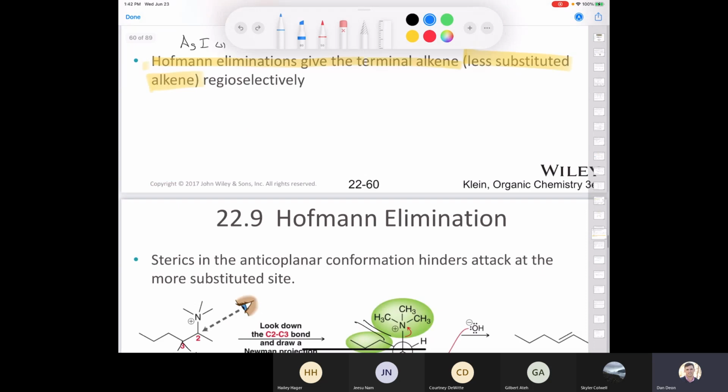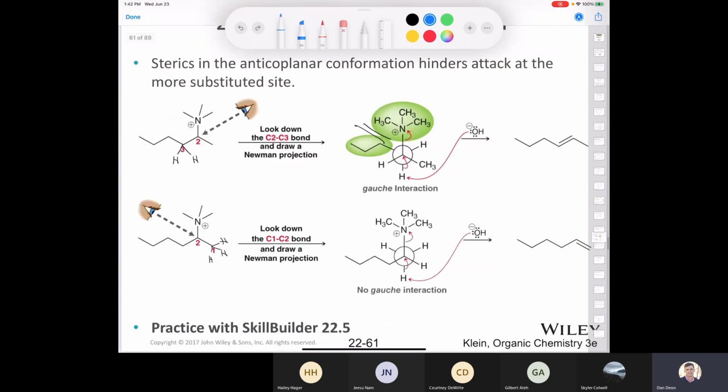And we said, if you look at the Newman projection of the two possible eliminations, if you were to rip off one of these protons here, you end up with this group over here and the nitrogen with the three methyl groups on it. You see that you have an unfavorable gauche interaction here. Whereas if you make the Hofmann product, you see that you don't have that gauche interaction. It's not there. And that's the answer. That's all there is to it. Okay, nothing more than that.